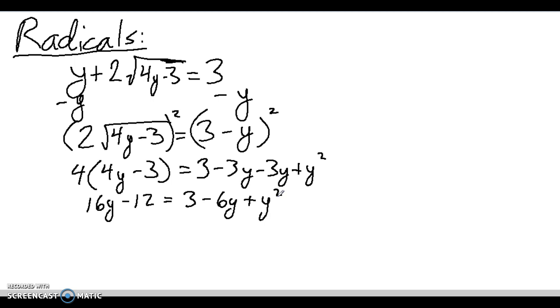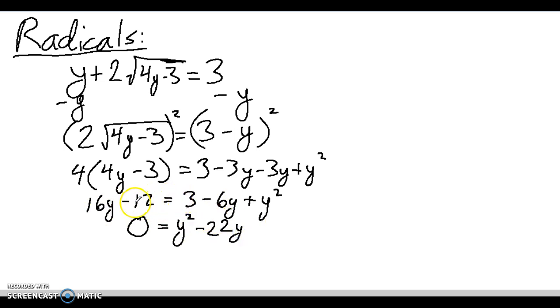Okay, this is quadratic, so we want it set equal to 0. I'm going to do that by subtracting 16y and adding 12 to both sides. So we have a 0 here. I'm also going to rewrite the order of terms because we like to have the y squared up front. Negative 6y minus 16y is negative 22y.